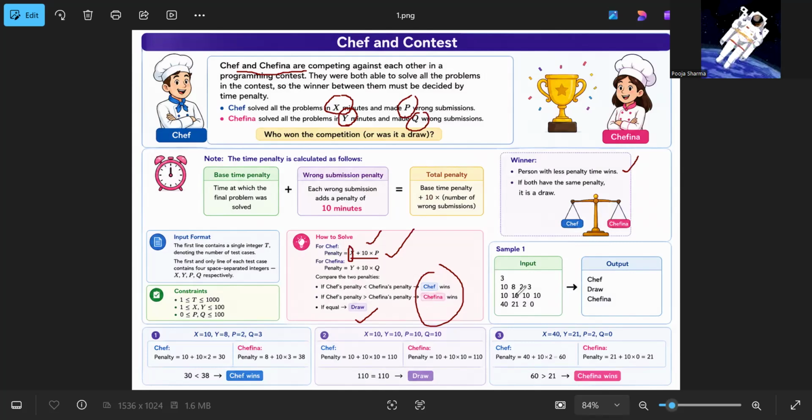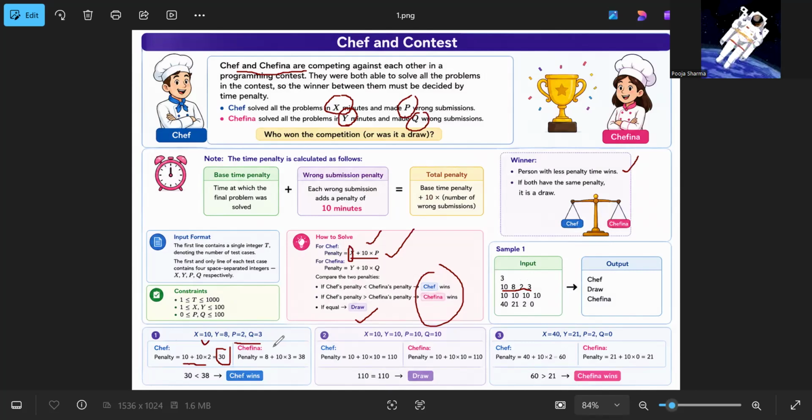So let's take an example: 10, 8, 2, and 3. Here the X value is 10, Y value is 8, P value is 2, and Q value is 3. Now, how will you compute this? X is 10 plus 10 multiplied by 2, which will give you 30. This is the answer for Chef.